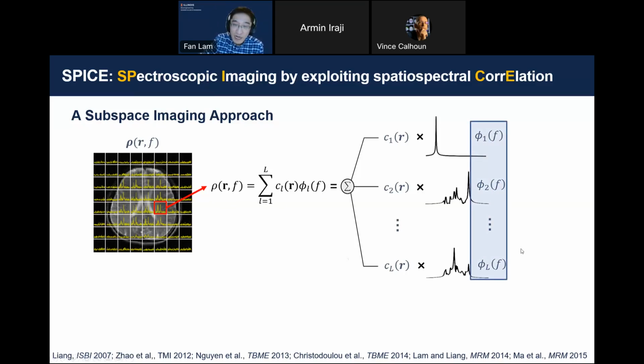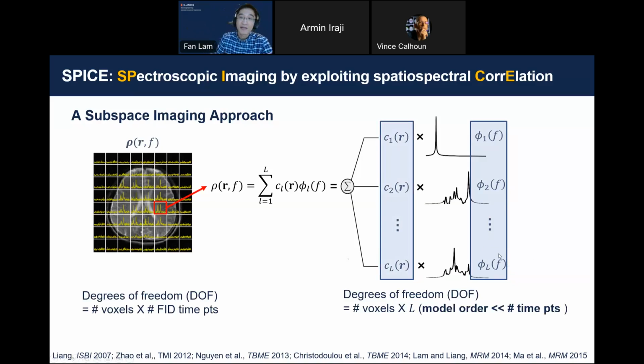And if you can predetermine the spectral basis functions, which I will talk about more later, then you convert this high dimensional imaging problem into a much lower dimensional imaging problem where you only need to recover a set of low dimensional spatial coefficients. You can compare the reduction in degrees of freedom, from the number of voxels times the number of FID points, which can be very, very large in order to achieve a high spectral resolution, to the number of voxels times a very low model order, which can be orders of magnitude smaller.